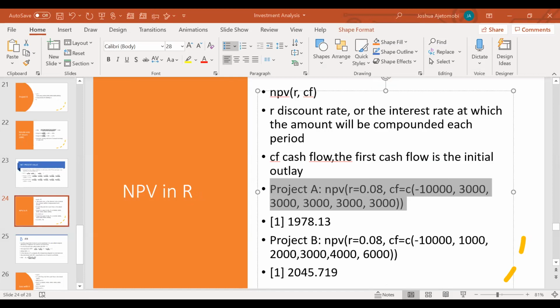Minus 10,000. 3,000. 3,000. Okay, and then let's remove this.